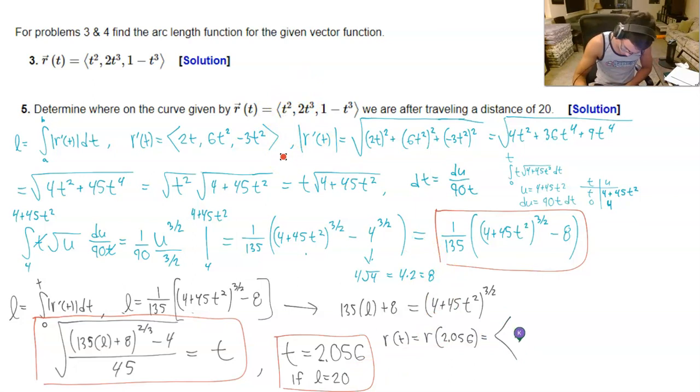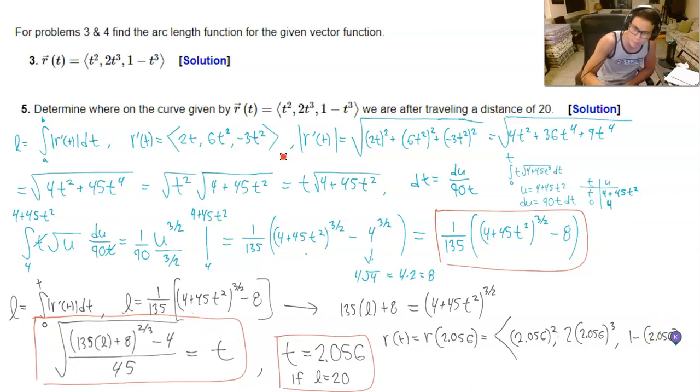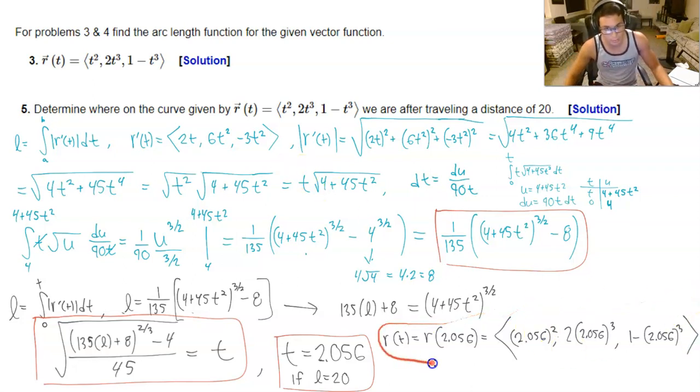So it's going to be the bracket 2.056 squared, comma, 2 times 2.056 cubed, comma, 1 minus 2.056 cubed. Okay, so this is your true answer.